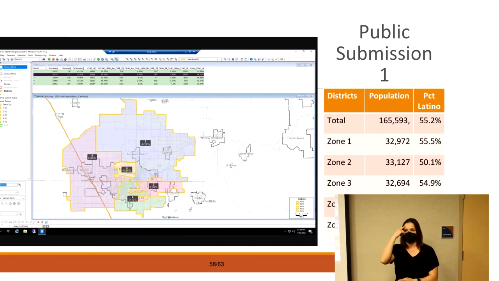Oh yeah, one last statement. Public submission 1, I will be withdrawing that one, so you don't have to consider that map. I'll stay with number 2. Number 1 is the one that has the little crab leg, or little crab arm, whatever you want to call it. So I went on Dave's Redistrictor, and I had an idea of what I wanted, because of a lot of input by community members for the county, the board of supervisors.